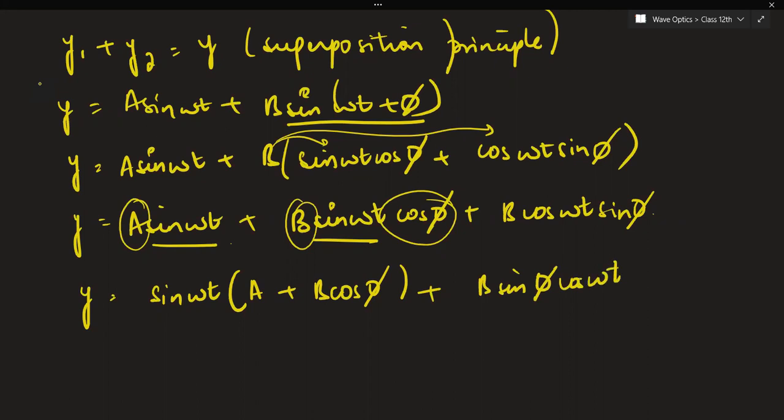All right. Now, see class, this term, I am writing a plus b cos phi, not theta.